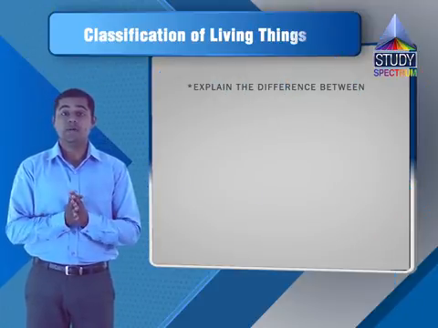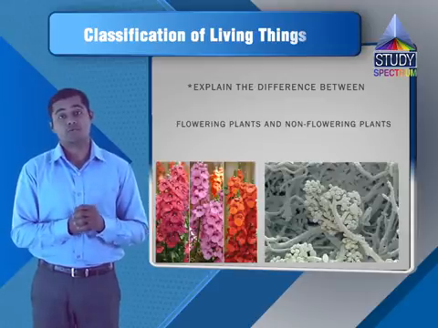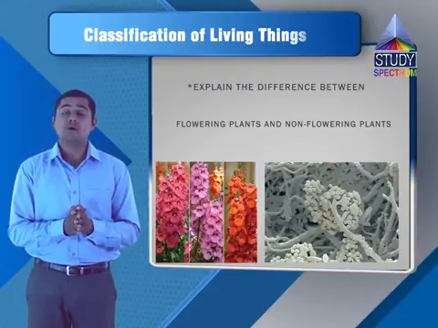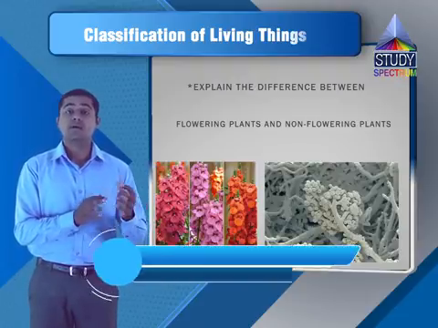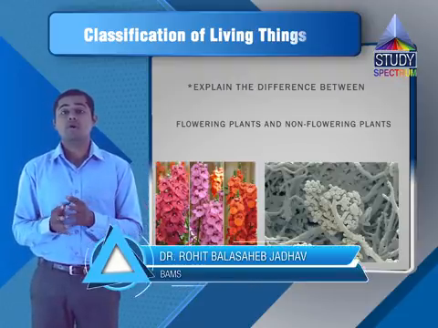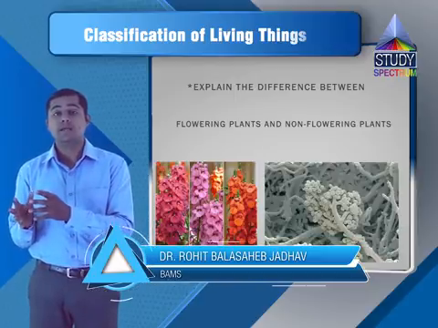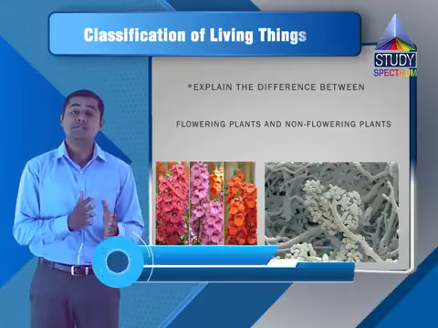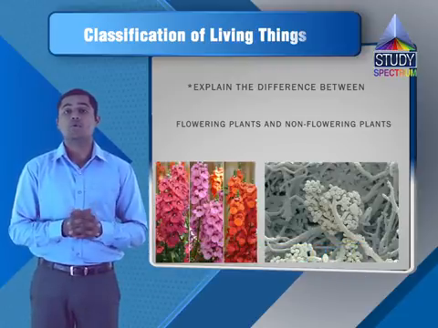Explain the difference between A. Flowering and non-flowering plants. Friends, flowering plants have flowers as their reproduction unit. Non-flowering plants do not have any flowers. Flowering plants, which are those? Hibiscus, rose, mango.